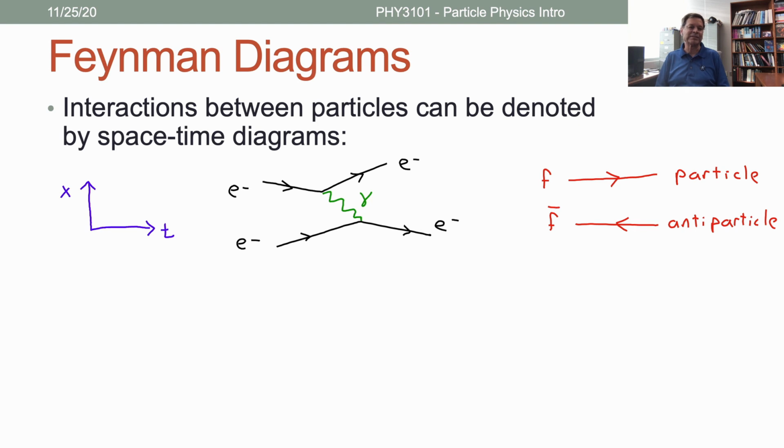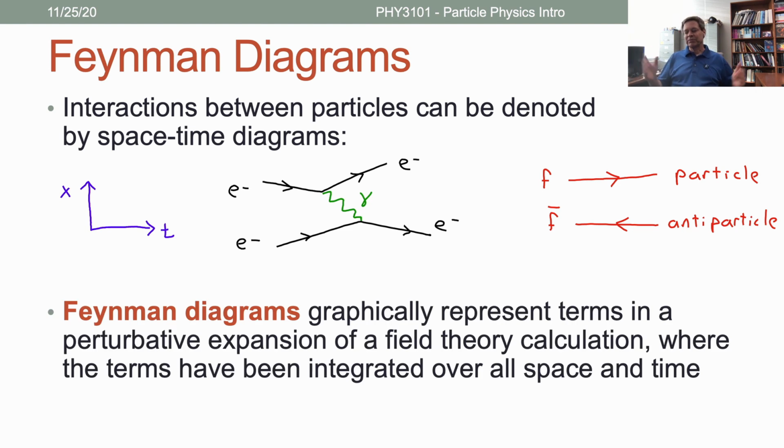So F bar is an antifermion, and the arrow points in the opposite direction. And that's because in the relativistic theories for quantum mechanics, in the early days, we had funny negative energy states. And one way to think of those states was as a normal particle moving backward in time to explain antimatter. So hence we kind of draw the arrow backwards.